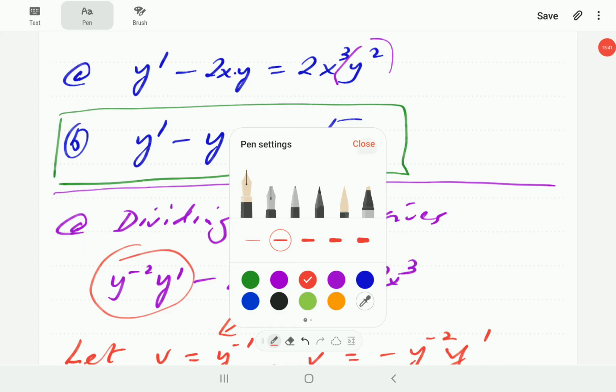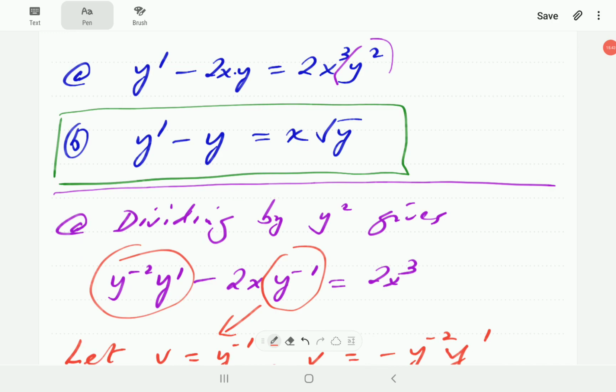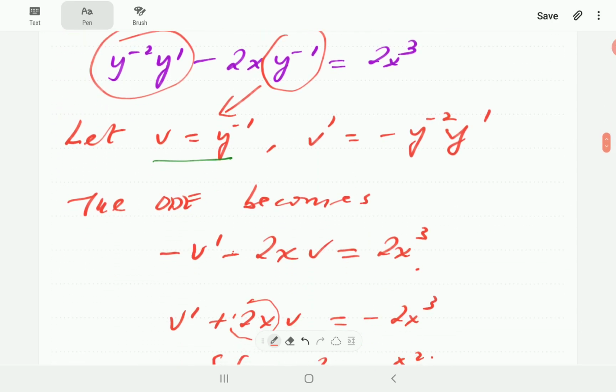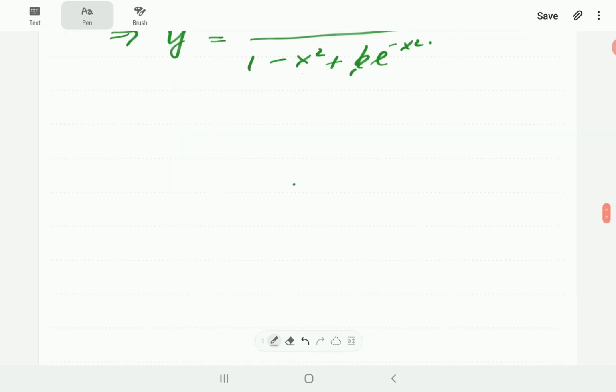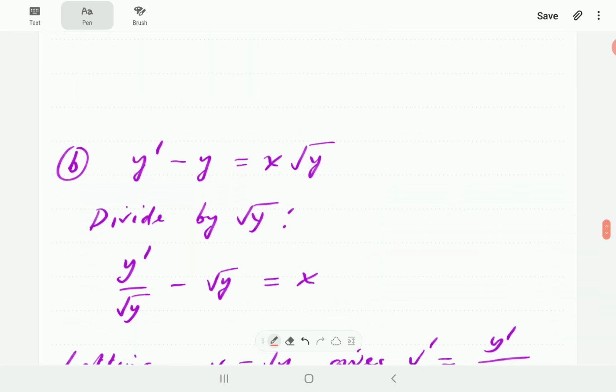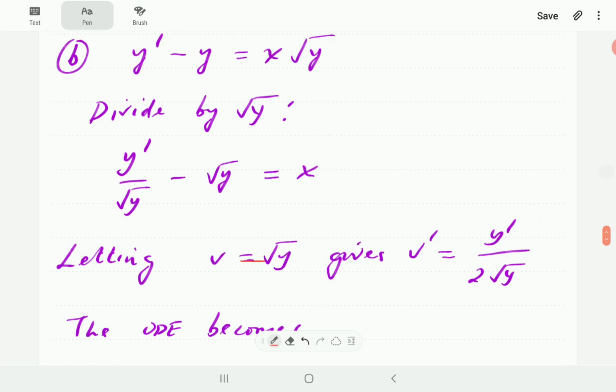All right, we're now going to scroll down to our solution for part B. So for this one, first thing we're going to do is to divide through by square root y, which gives us this equation here. And then we're going to let this term be v, so that its derivative is y prime over 2 root y.